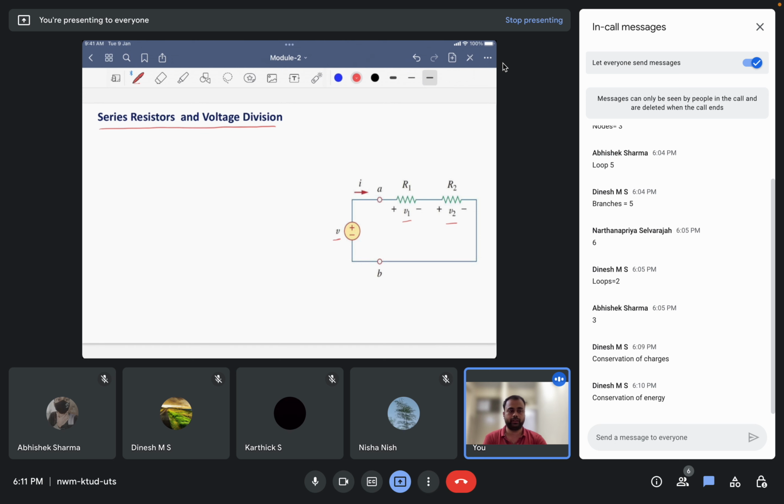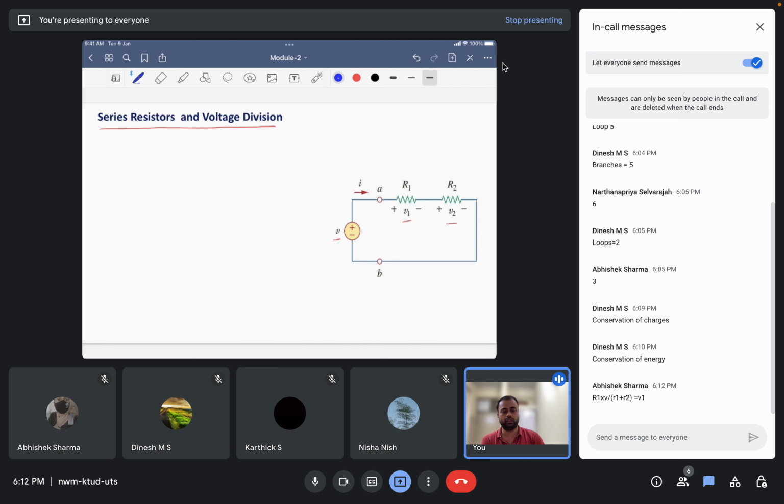I'll wait for a minute for students to solve this on their own. What is the voltage drop across each resistance? Okay, we have to write Kirchhoff's voltage law because the voltage law works on the loop.